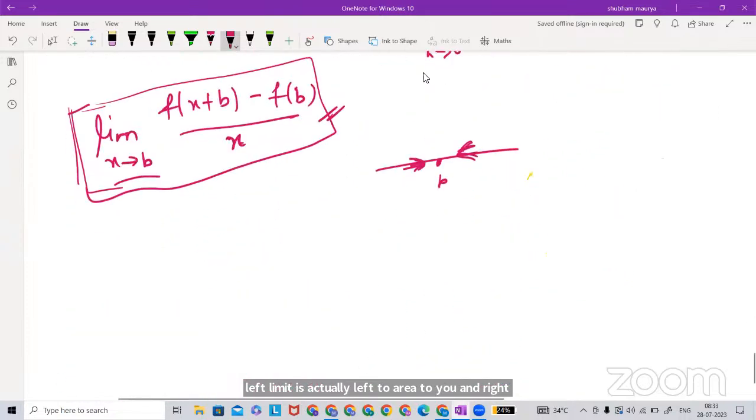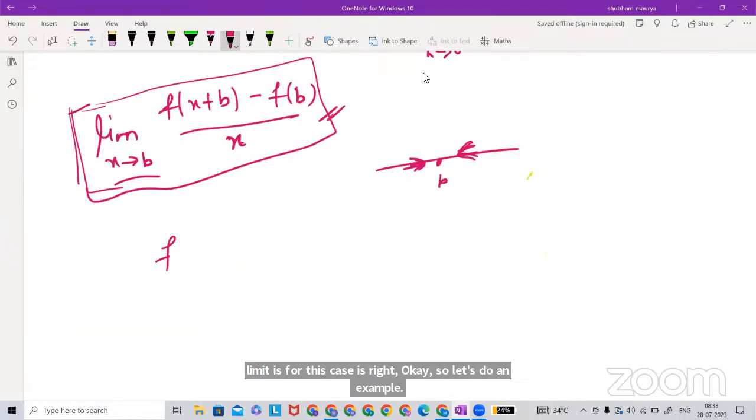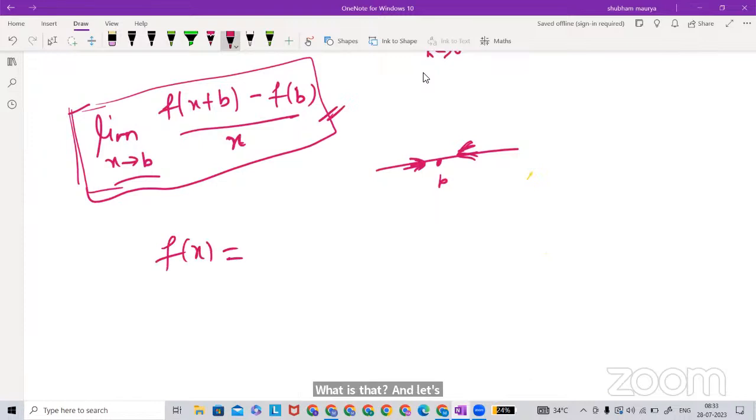So let's do an example. Let's assume f(x) is equal to x to the power 5 plus 2x. Or no, let's do a simple one: x square plus 2x plus 1.